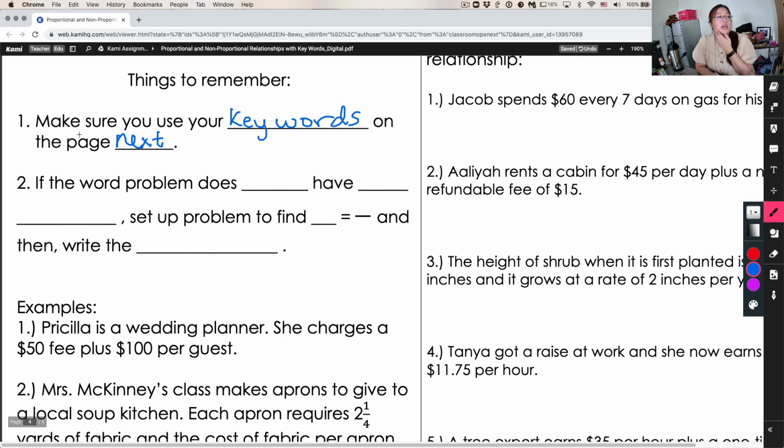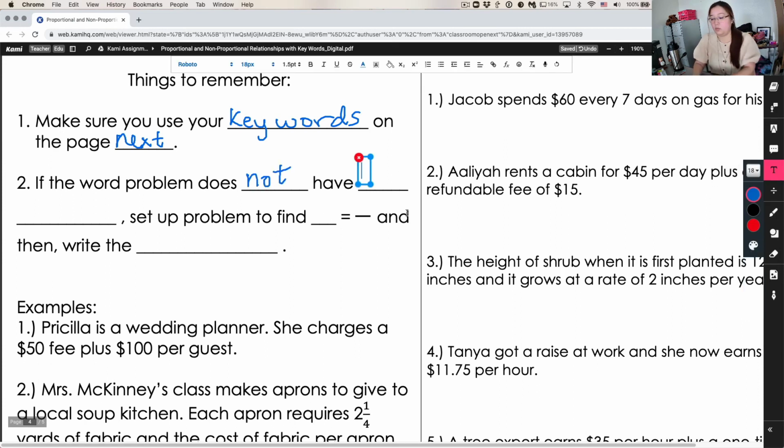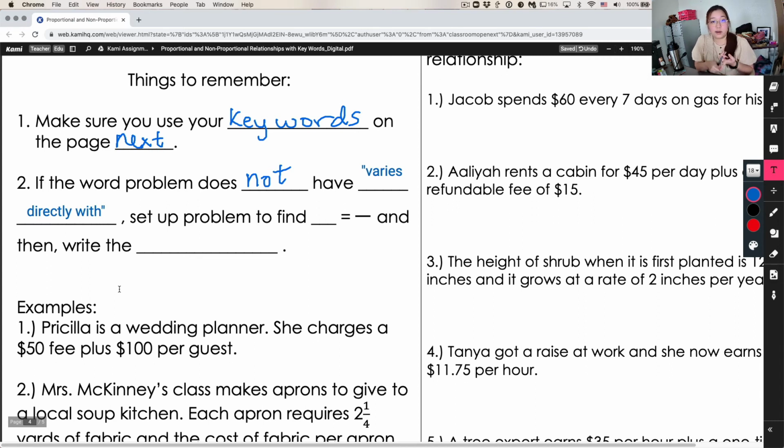Okay? If the word problem does not have this phrase, varies directly with. Remember when we did direct variation, there were those 2 key phrases that I told you guys to look out for: varies directly with and is directly proportional to.